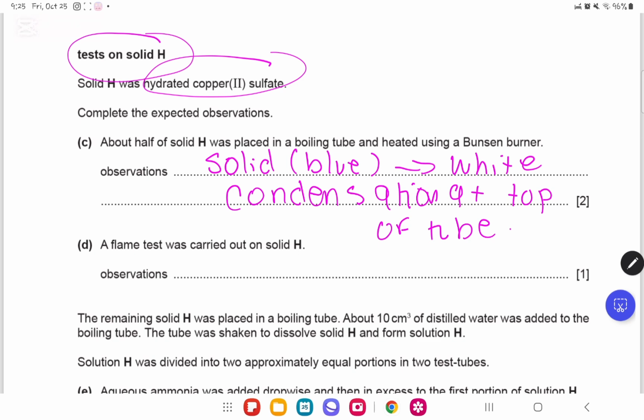So two observations. You can always tell by the marks how many points they need. A blue solid will turn white, and you will see condensation at the top of the tube.